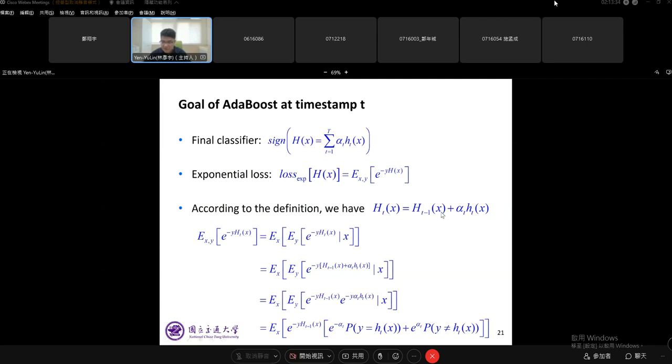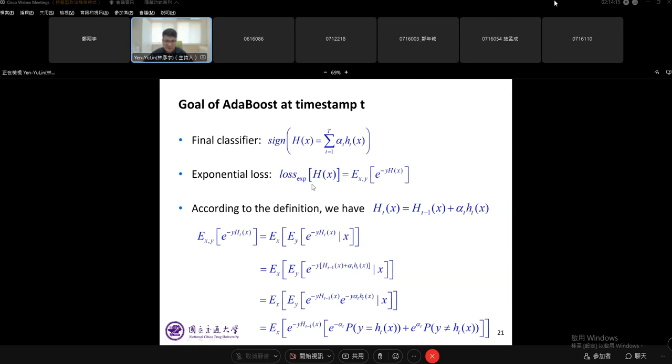The first part is composed of the first T minus 1 weak learners. This part is fixed because at iteration T, our goal is to choose a weak learner h_T and determine its weight alpha T. We cannot further modify the selected weak learners in the previous iterations. So this part is fixed. And the second part is our target at this iteration, including the weak learner and its weight.